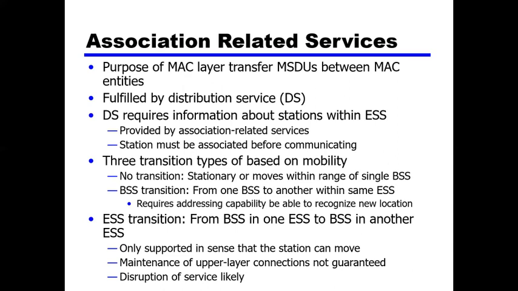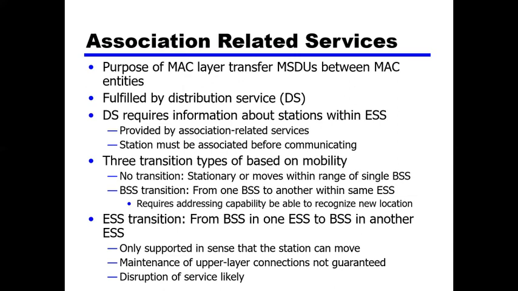Station must be associated before communicating. Three transition types based on mobility. No transition: if the stations move within the range of a single BSS. BSS transition: from one BSS to another BSS within the same ESS.